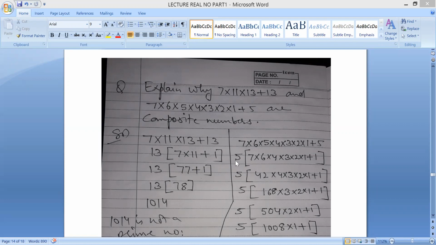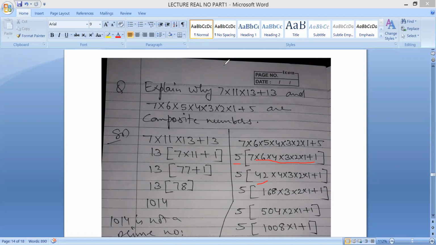After taking 5 common, what you are getting is 7 into 6 into 4 into 3 into 2 into 1 plus 1 left. 7 into 6 is 42, so 42 into 4 into 3 into 2 into 1 plus 1.